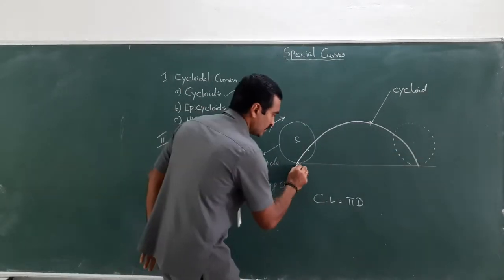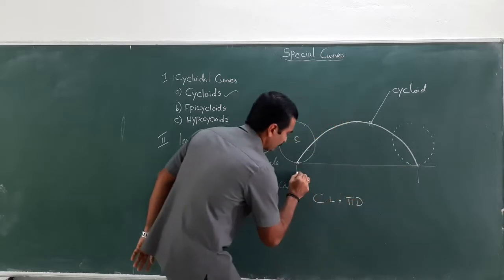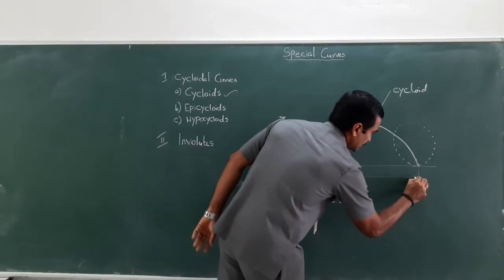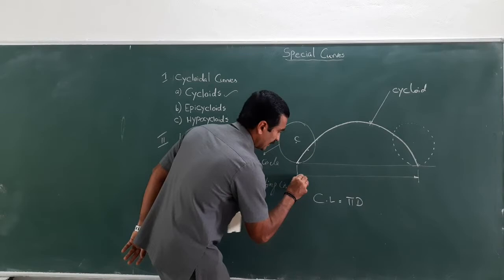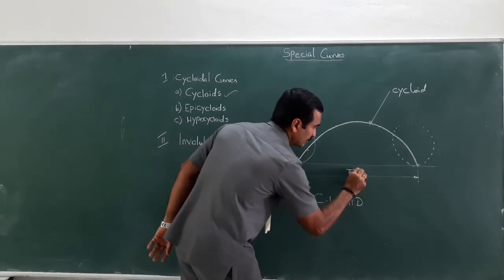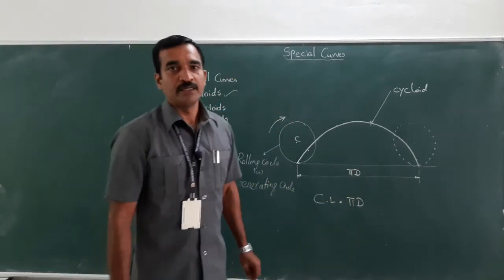Right. The distance, that is the circumferential distance, is nothing but pi d. This is nothing but pi d.